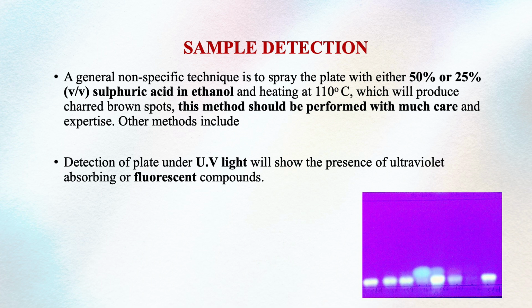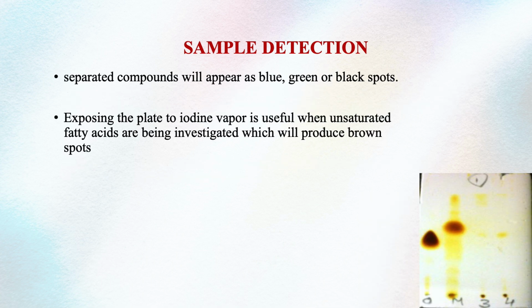Similarly, there is another method where you can apply iodine vapors to identify fatty acids, because we have different biomolecules: carbohydrates, proteins, lipids, nucleic acids. For different biomolecules we have different ways of detection.